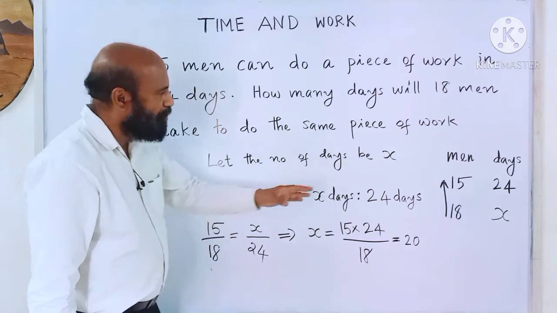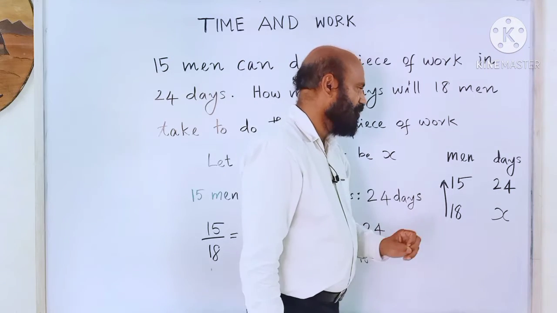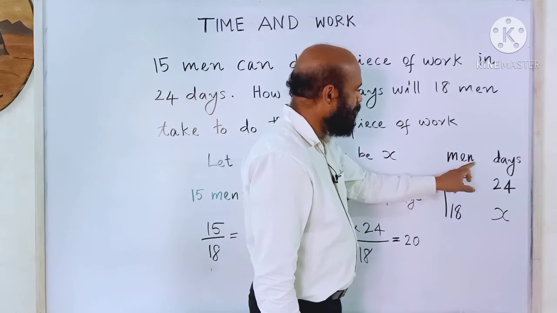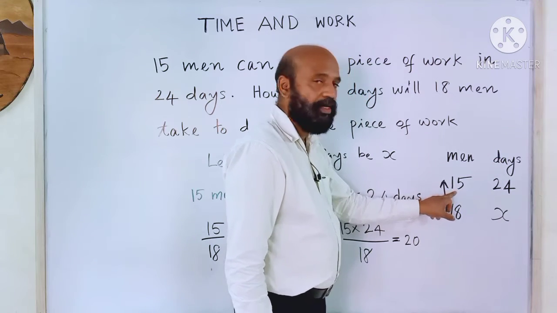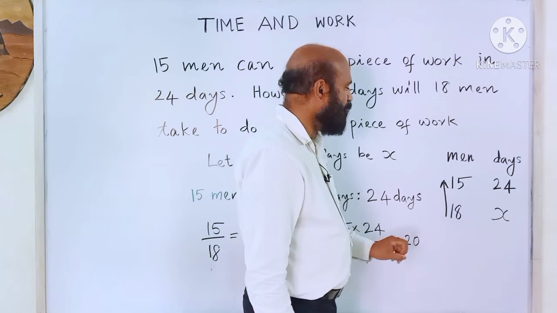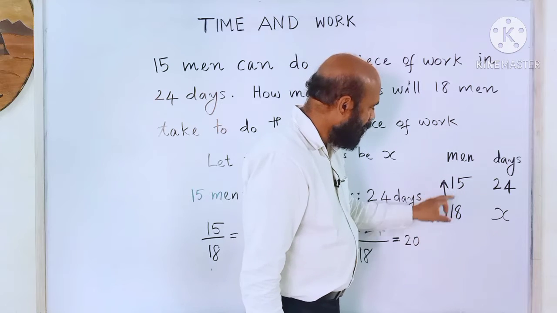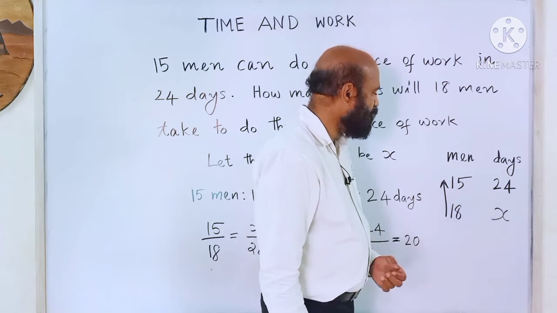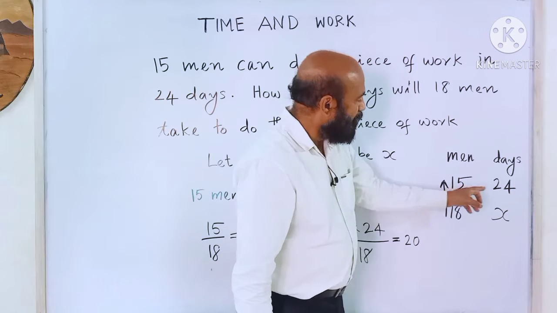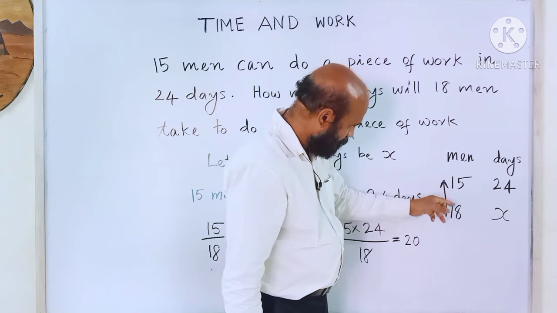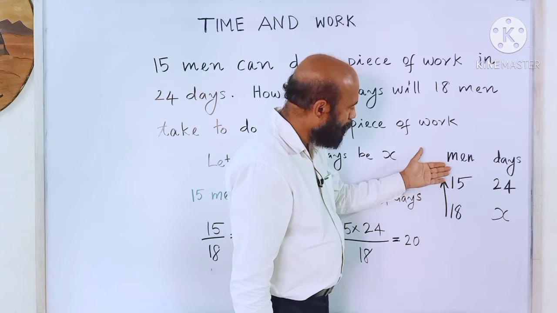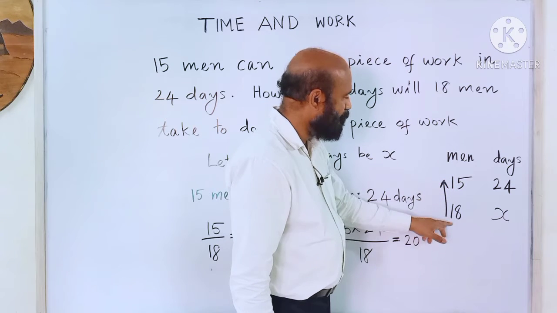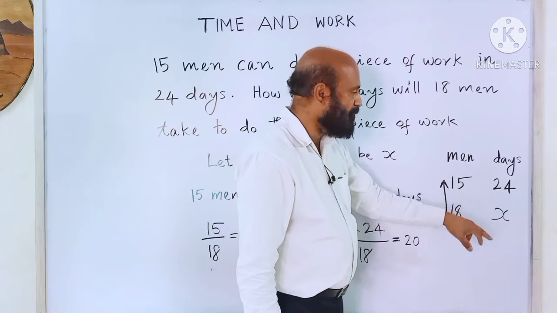Same sum, another easy way: you write men, days. 15 men take 24 days. The question is to find out when 18 men are there, how many days are needed. As the number of men increases, the number of days decreases.